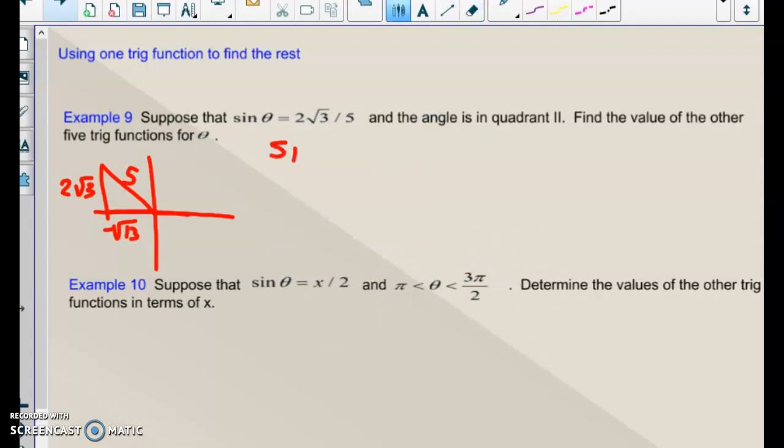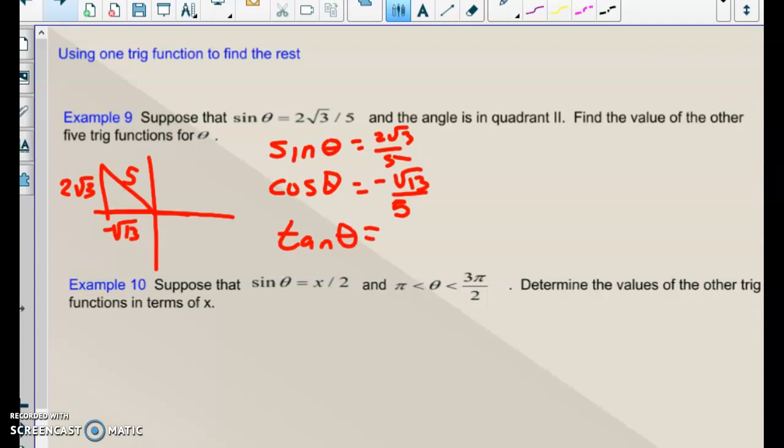We know that the sine of theta equals 2√3/5. That was given. The cosine would be the adjacent over the hypotenuse. The tangent of theta would be the opposite over the adjacent.